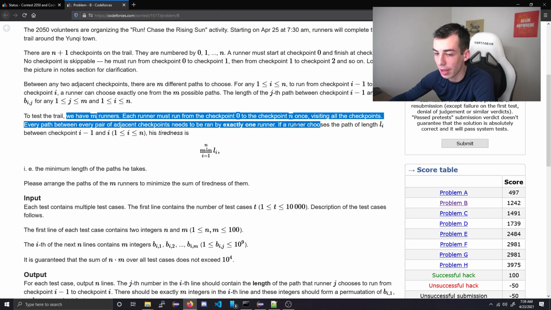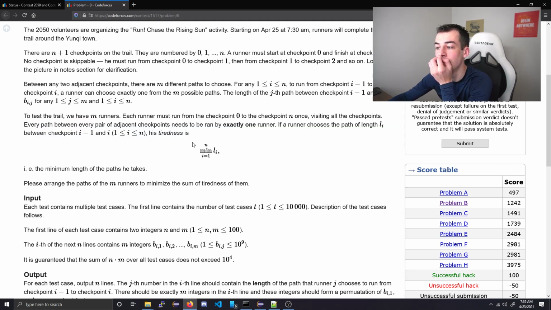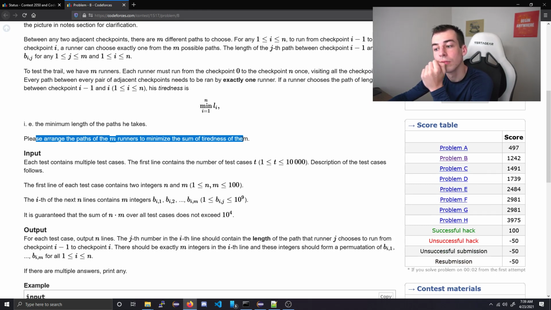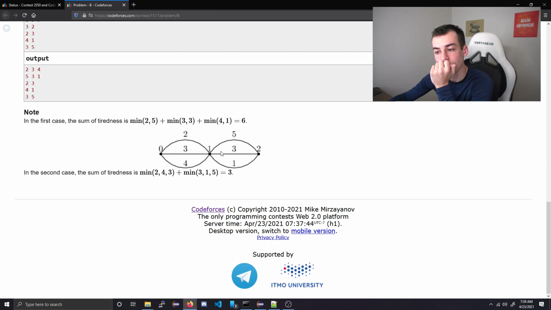If a runner chooses the path of length L, his tiredness is the minimum. So here you have 3 runners, so you do like 4, 1, 3, 3, into 5.